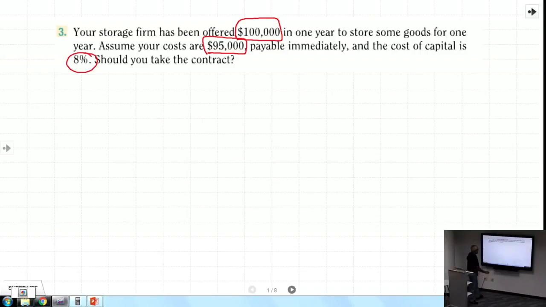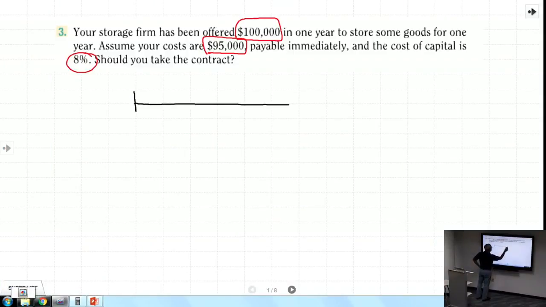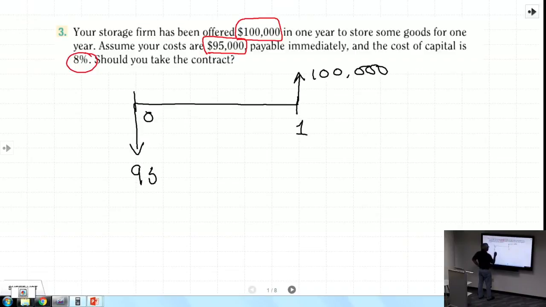So in terms of a timeline, you have $100,000 that will be paid a year from now. And today, you have an upfront cost of $95,000. So that's your benefit, and this is your cost.